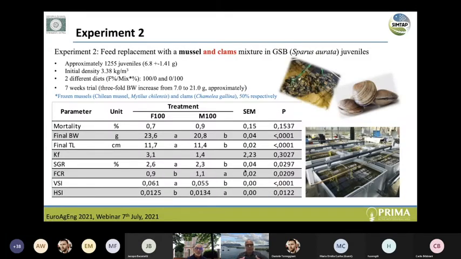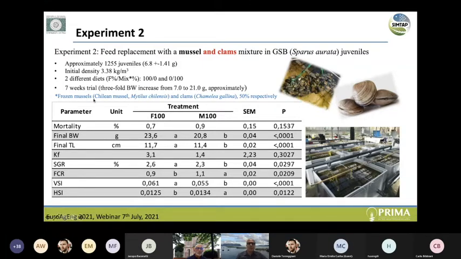To be short, I want to show you also other results, and then leave time maybe for questions, if you have questions. These are the results of the second trial, because based on the fact that when you mix raw materials, ingredients, to make a more balanced diet, you get better growth.